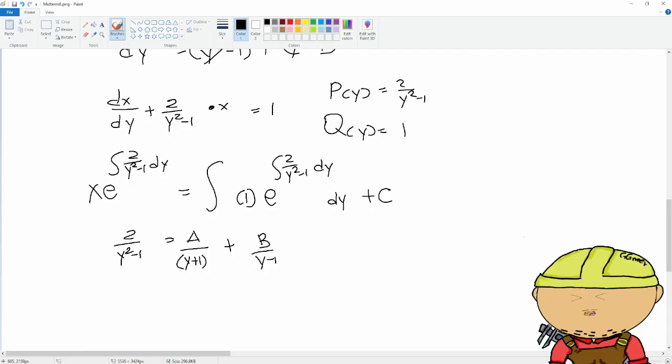Applying partial fractions, 2 is equal to A(y minus 1) plus B(y plus 1).